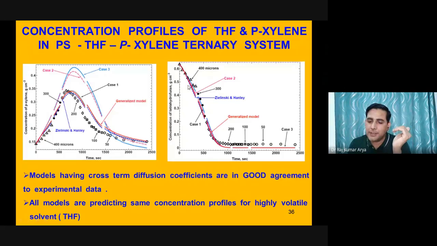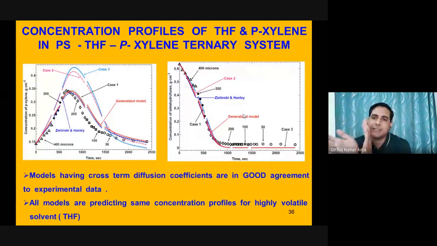In case of the high diffusion one, all models are good, even at the later stage of the drying, though all models are under predicting the concentration profile. In case of the low volatile one, the models are over predicting. In case of the high volatile one, the models are under predicting.